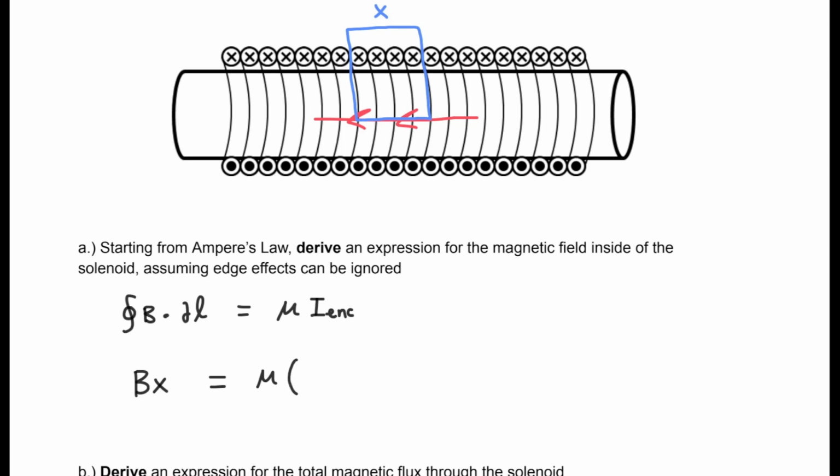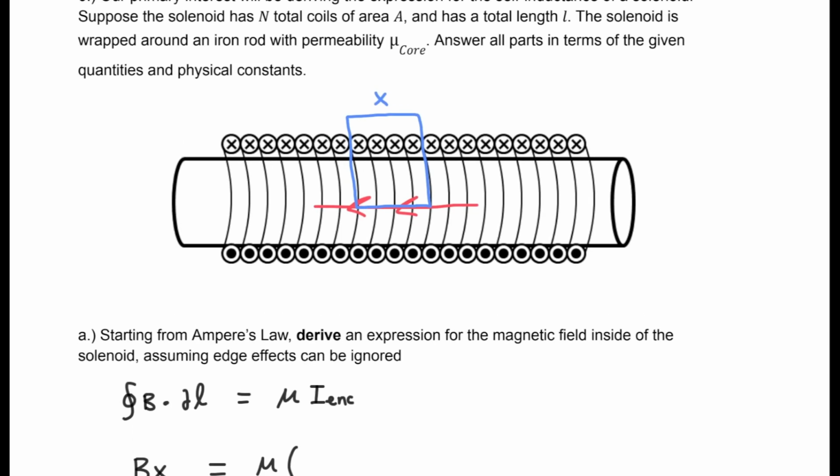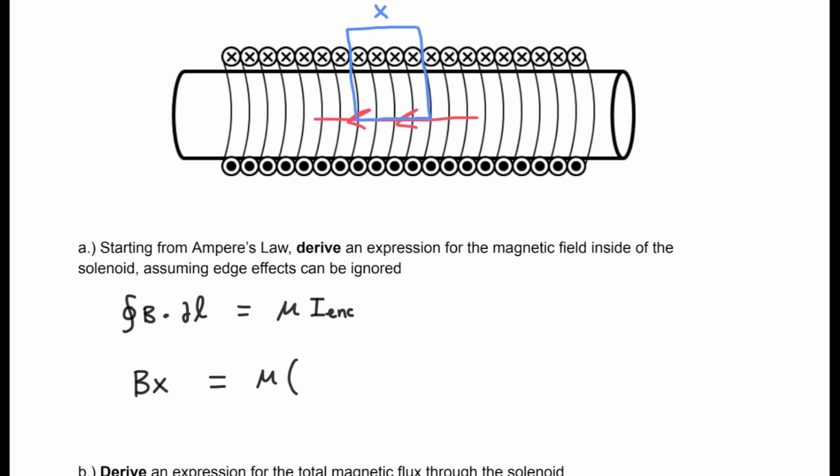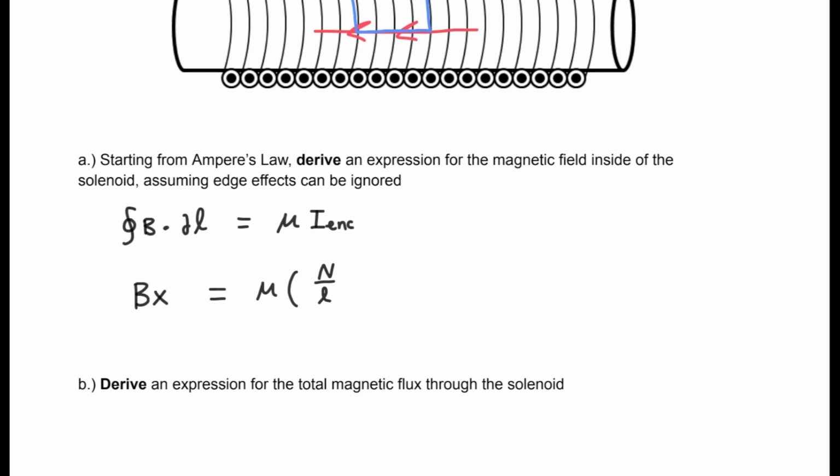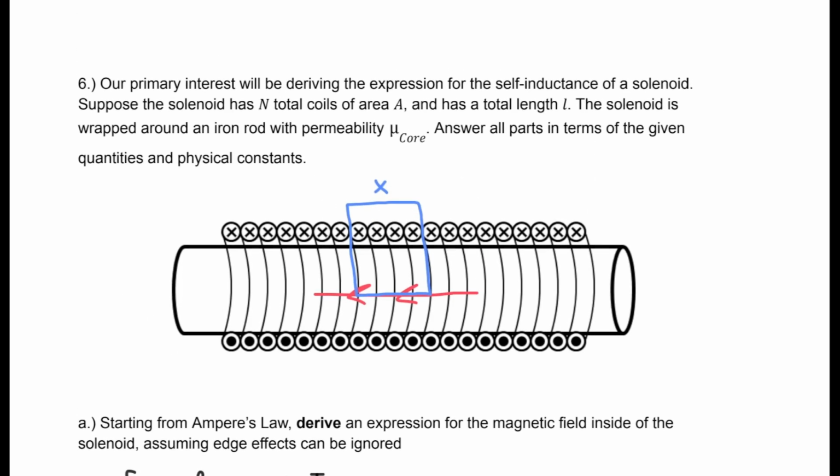Then for our enclosed current, we have a total of capital N currents distributed over a length little l. To find how many currents we actually enclosed, we multiply the coil density by x. This tells us how many coils of wire we have enclosed in our loop. Then we put the current I in there.